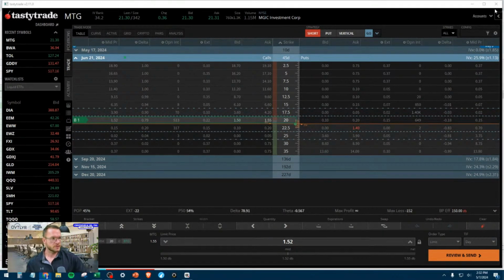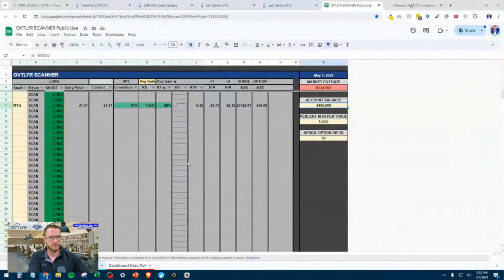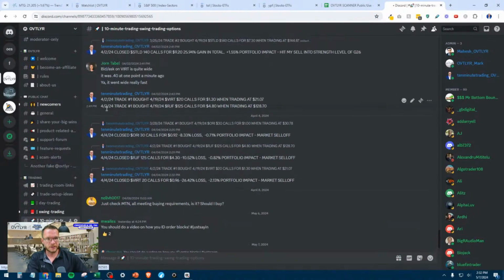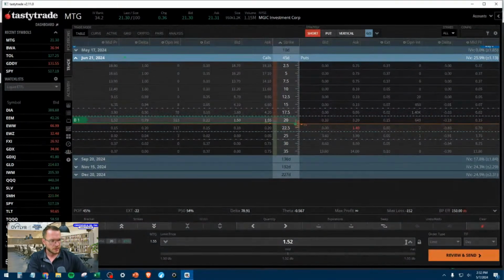Okay, so let me drop this in the Discord, exactly what we did. In the 10-minute trading area, copy the template. Today is 5/7. Trade number 1. Bought the, what expiration was that? I got filled at 1.53.